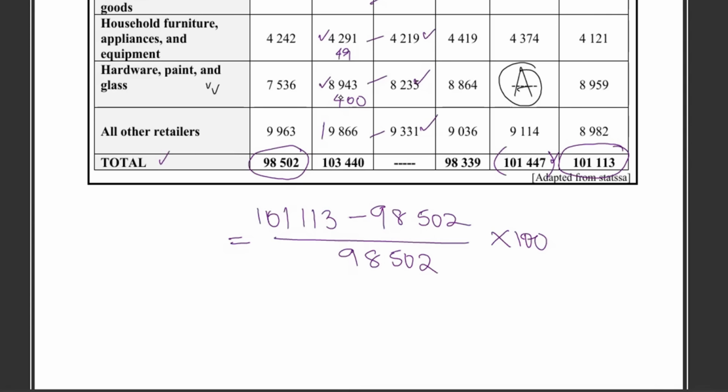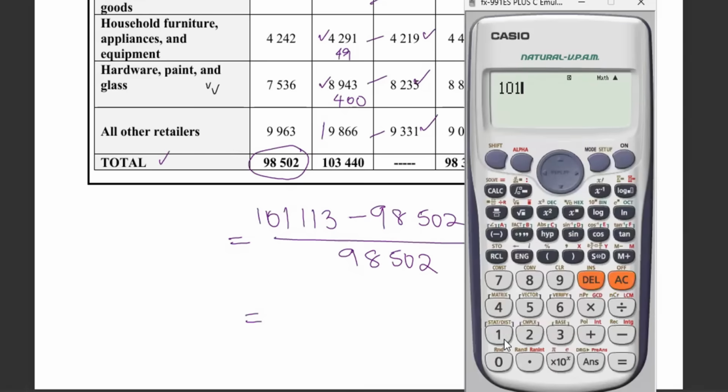So here the answer becomes, at this moment you can pick a calculator and put the numbers there. We're saying minus 98502 equals.